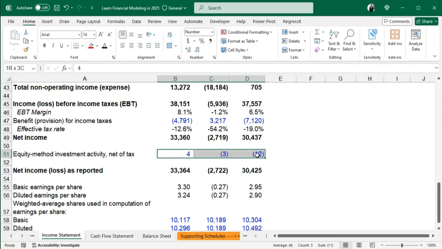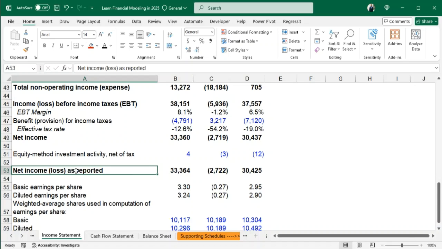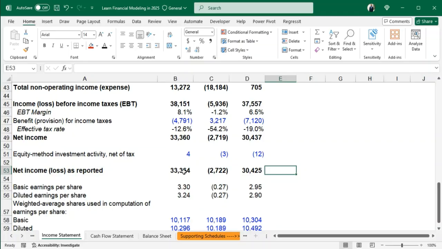And we are going to project, it's difficult to project how much you are going to make, or even if the company is going to make any income at all. So we are going to leave them as they are. All right, and then with that we can have our net income or loss as reported. That is what we are having there.